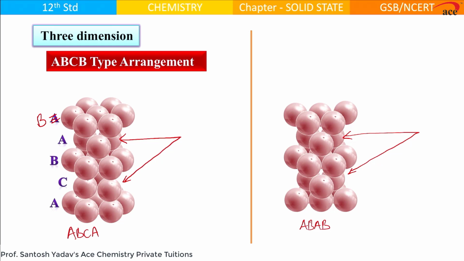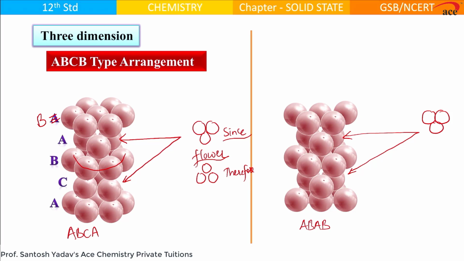We can remember this as above. If we call this a symbol, and the middle layer is like a flower, then this is again the first symbol.